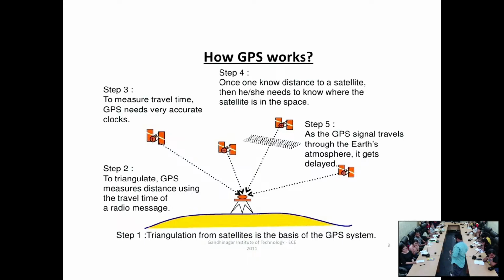So latitude, longitude and height you are getting, and then the fourth one is for calculating the accuracy of your position. Everything is done by the fourth. So you go through this diagram and try to understand, and if you have any doubt, just ask me what is in this diagram.